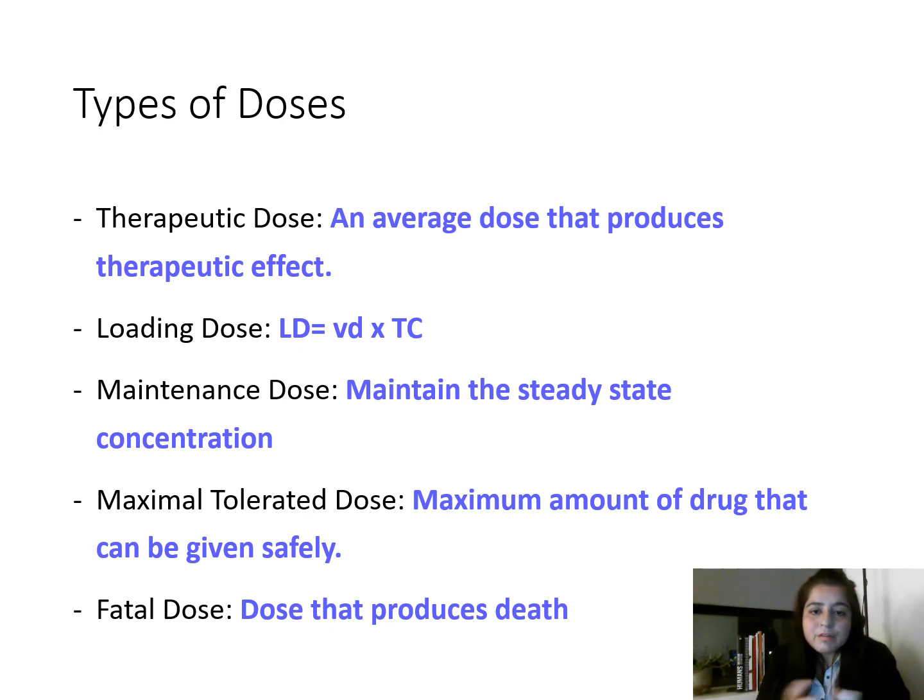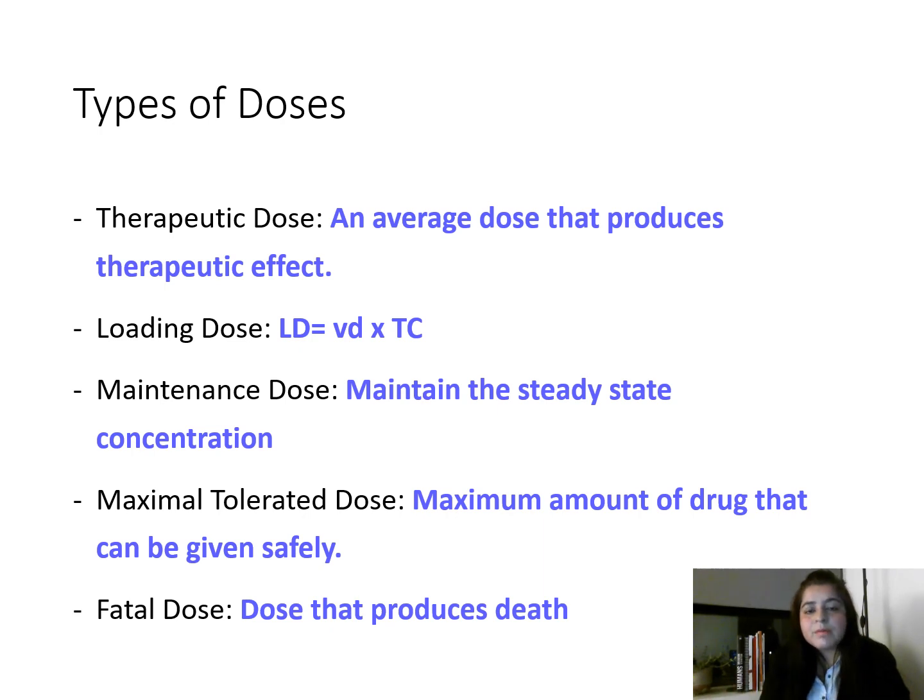There are different types of doses. One is the therapeutic dose. The therapeutic dose is the average amount of a drug that, when we introduce it into our body, produces a therapeutic effect. The other term is the loading dose. The loading dose is the therapeutic concentration of a drug multiplied by the volume of distribution.